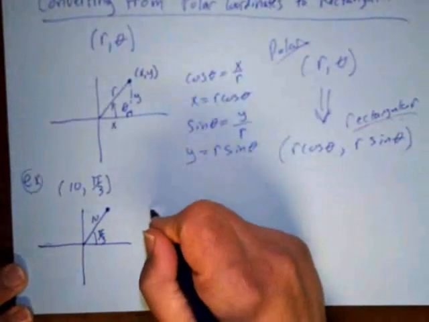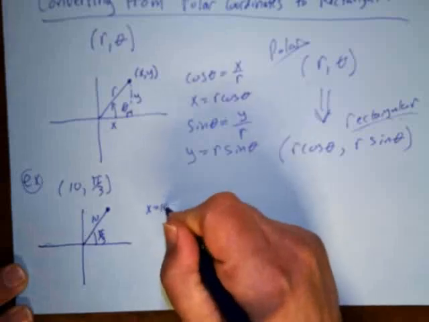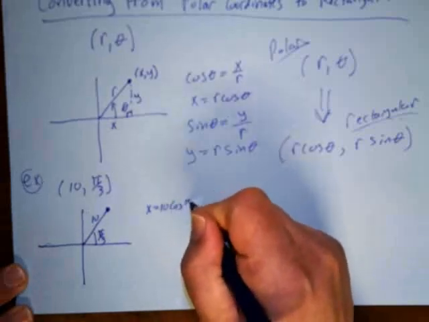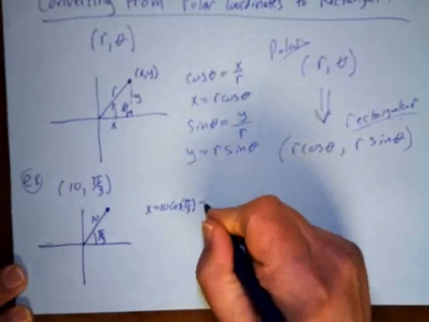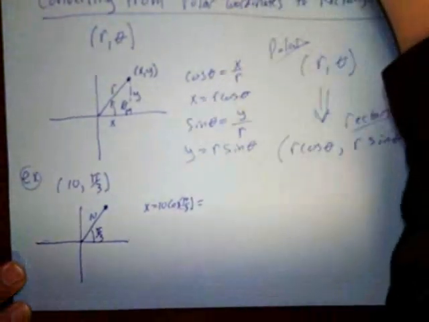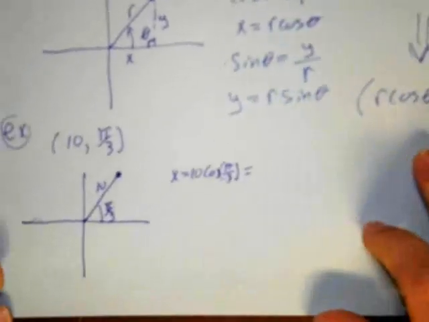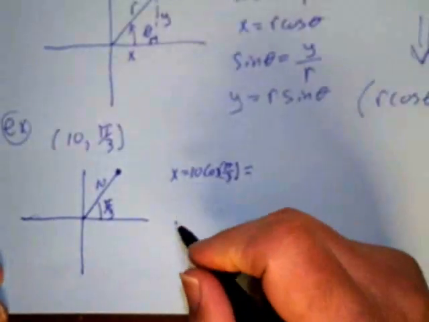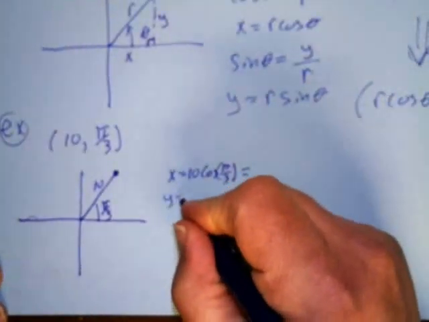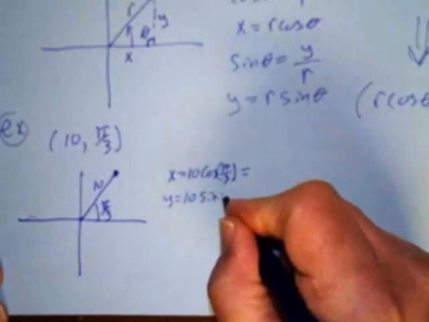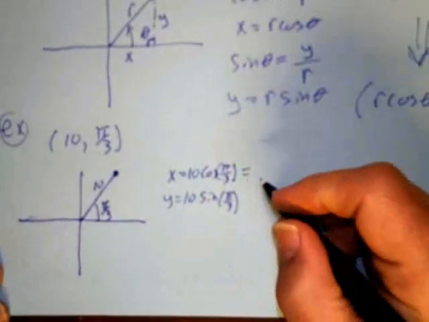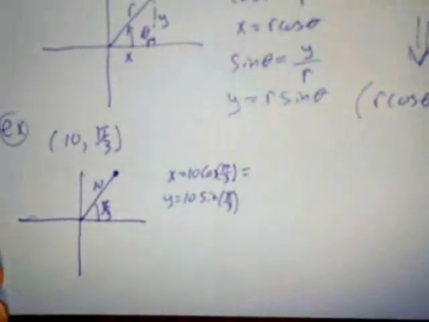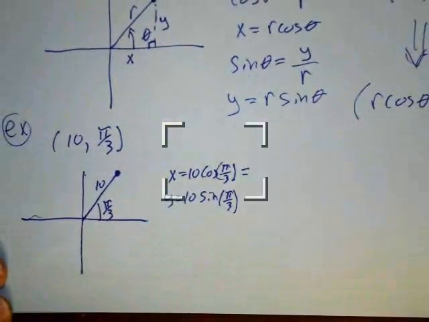So my x is just 10 times cosine of pi over 3, and then the y is 10 times the sine of pi over 3.